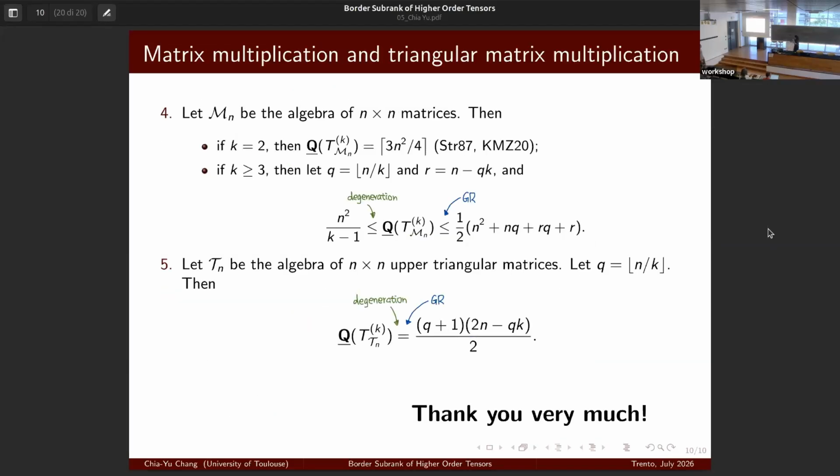Also we have some results on the algebra of matrix multiplication and the triangular matrix multiplication, and those are the methods we use. Okay, I'll stop here. Thank you for your attention.